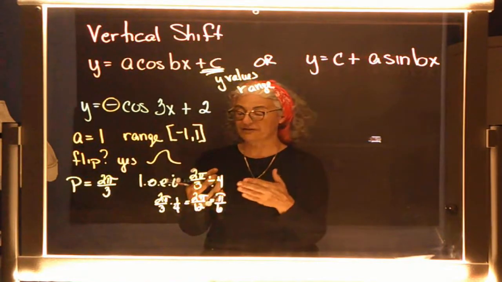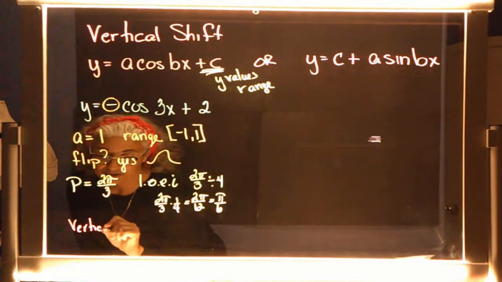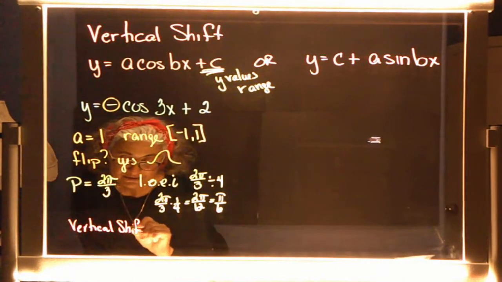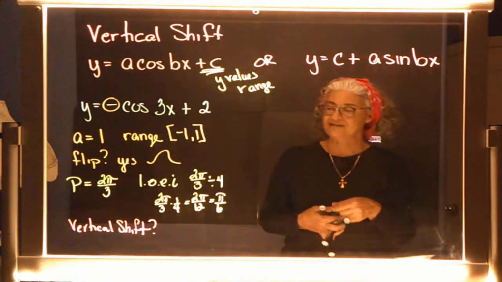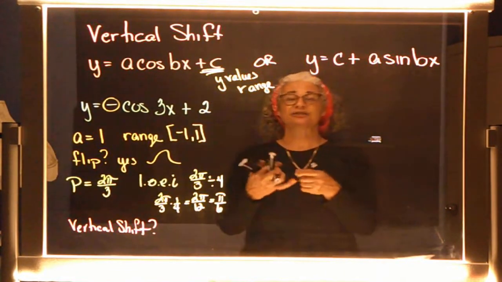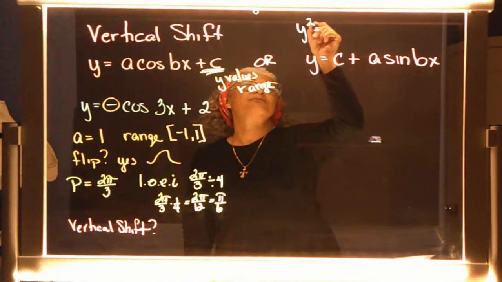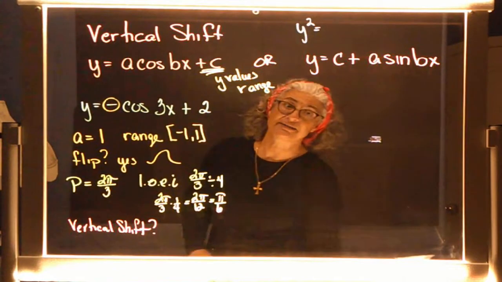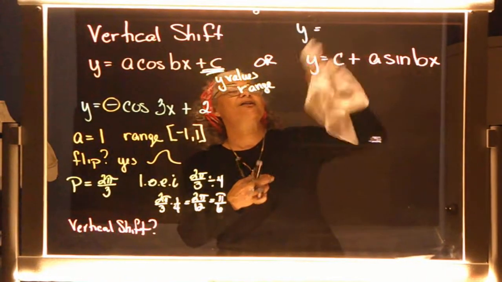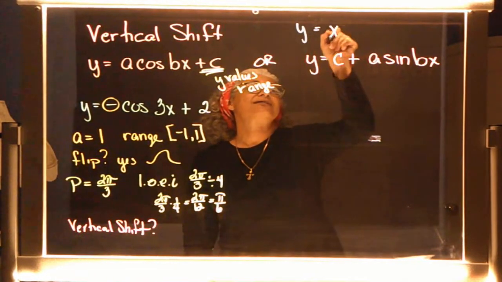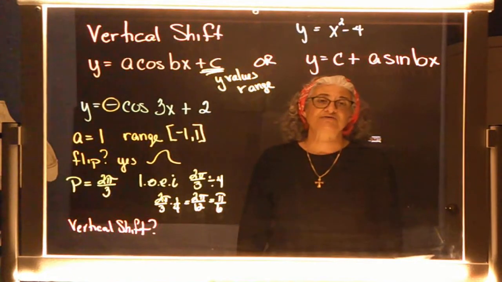And now I've got one new piece of the puzzle to look at. I need to look at a vertical shift. Do we have a vertical shift? Go back to the parabola. If you had just y, not y squared, if you had y equaling x squared minus 4, did that have a vertical shift?